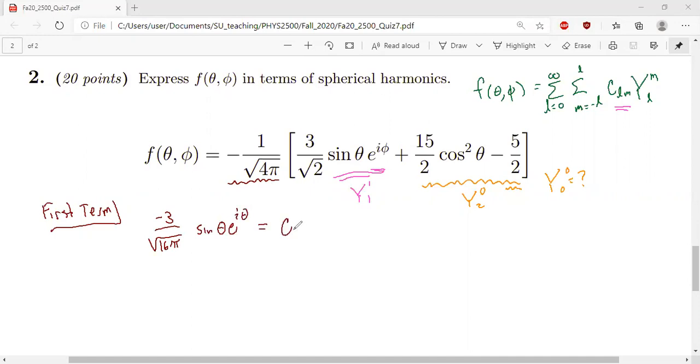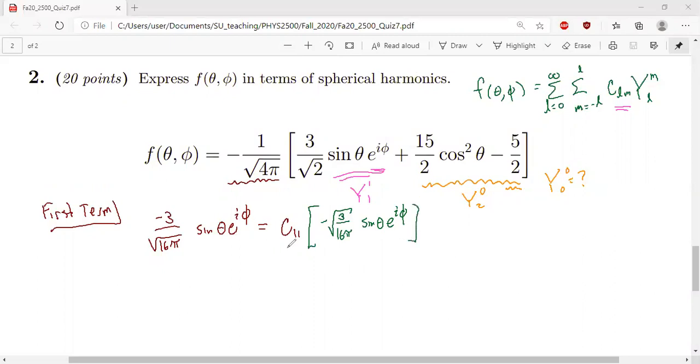And I know that that equals C11 times the 1 term we identified, whatever that is, as I read it off the table above. I don't have an amazing memory; I have this transcribed on notes next to me. So as per the table, Y11 is negative root 3 over 16 pi sine theta e to the i phi. I'm sure you're howling as you watch that. You correct that. That is absolutely phi. I wrote theta.